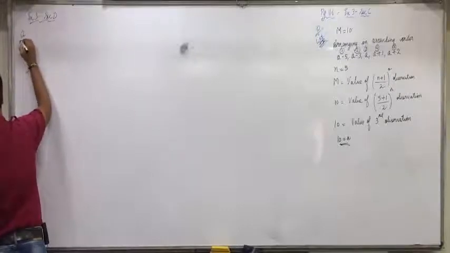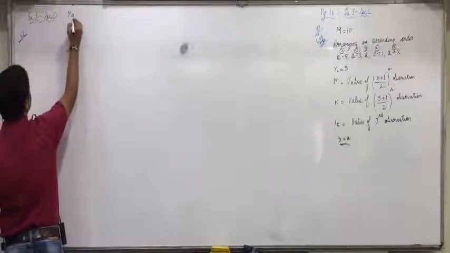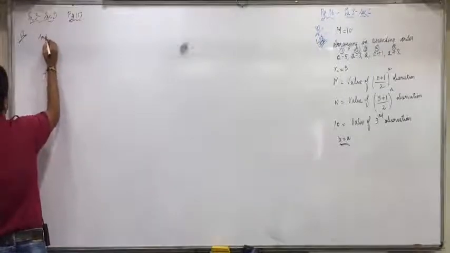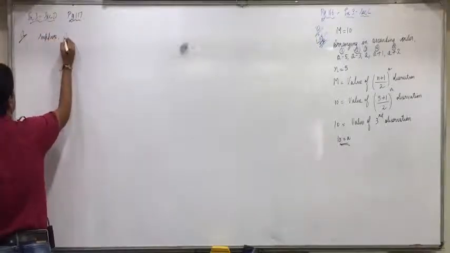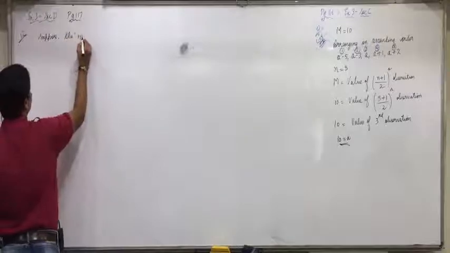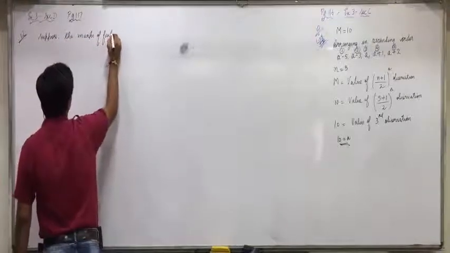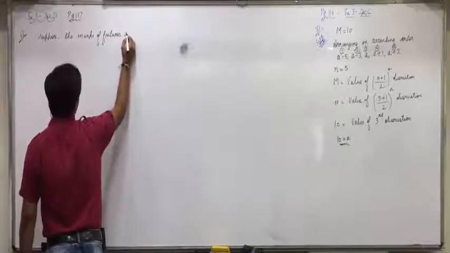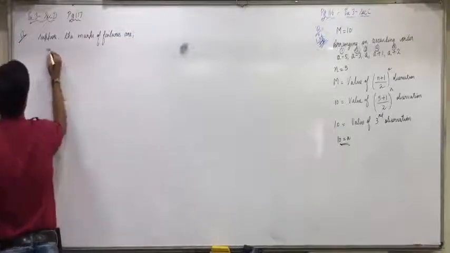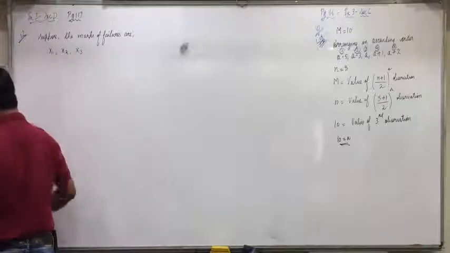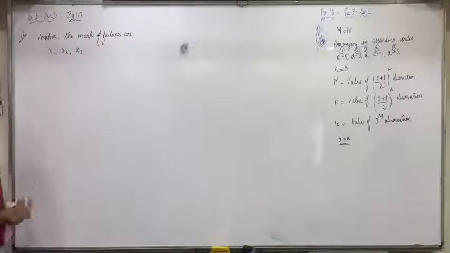Question 12, page 117. Suppose the marks of failures are x1, x2, x3. Okay?